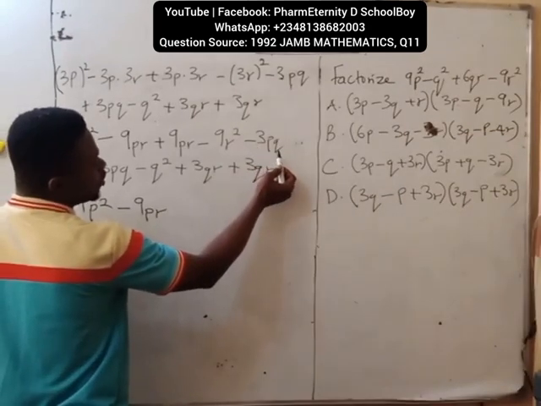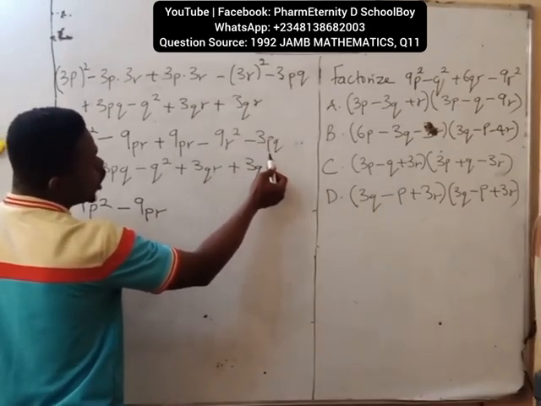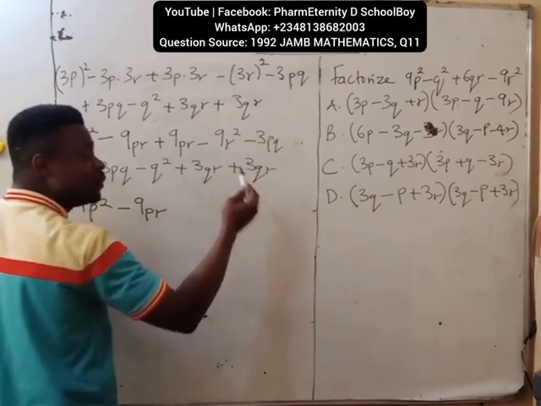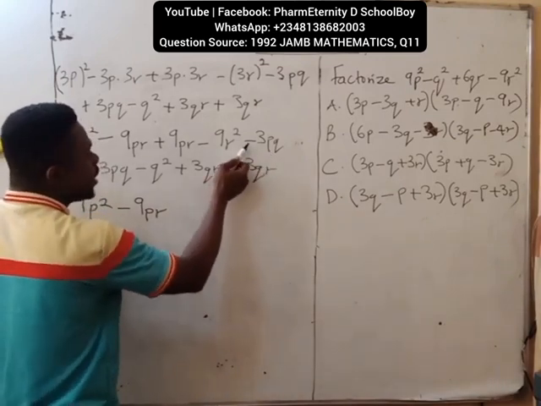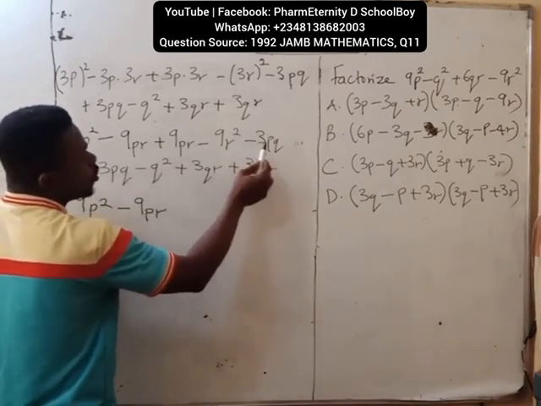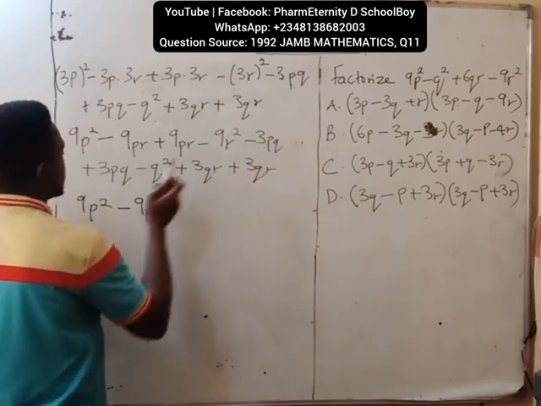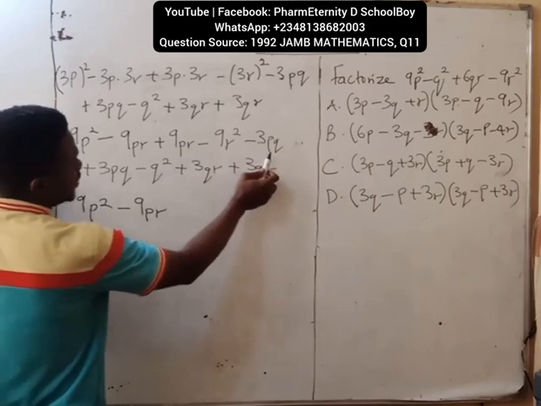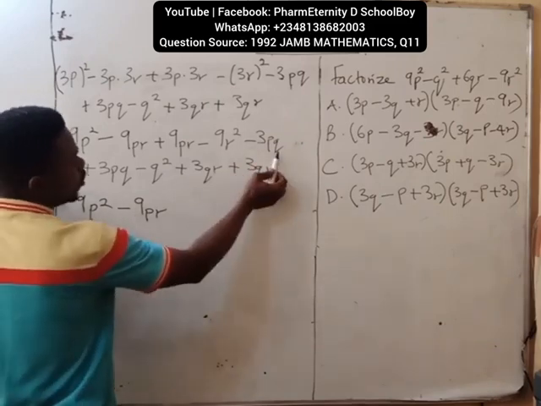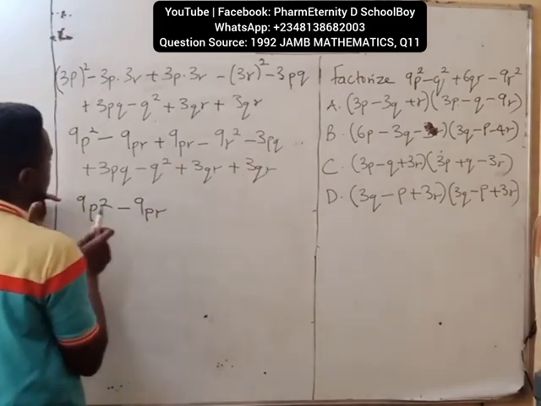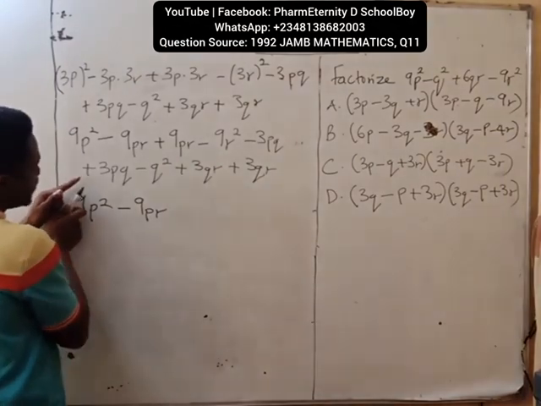Minus 3PQ. Here again, we got this from difference of two squares. So minus cannot go, so we will not use this. It will not give us what I'm looking for, even though it has P and there's no Q. Here now, this is plus.